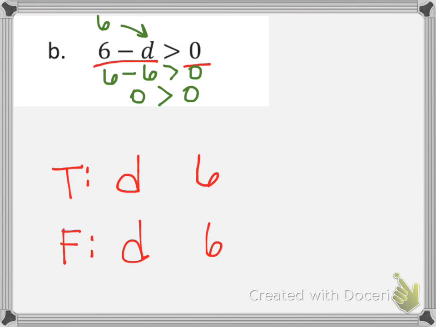So I'm going to put my equal sign, part of my inequality, on the false statement, which is going to tell me when the statement is false. Because when I put a 6 in up here, it gave me 0 is greater than 0, and that's a false statement, so the equal sign goes to the false.